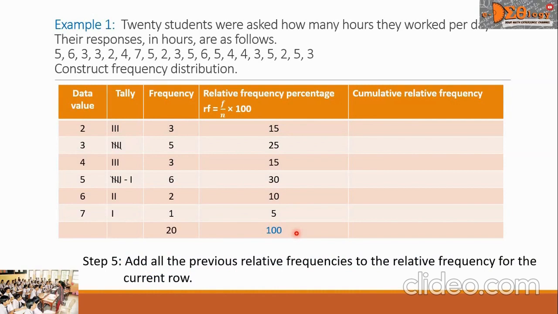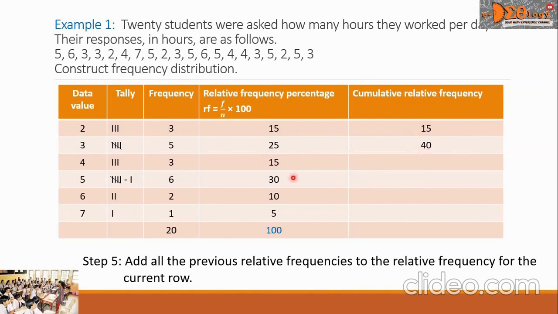Now, for step 5, add all the previous relative frequencies to the relative frequency for the current row. Okay, let us begin with the first row. This number 15 we will copy here. And for the next value, we will add this 15 with this 25. So 15 plus 25 will be 40.